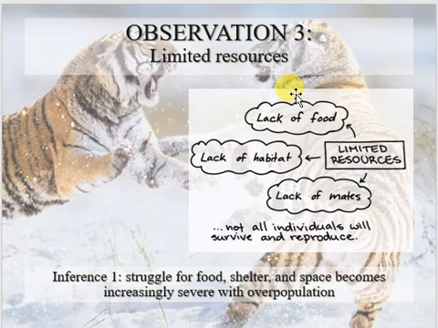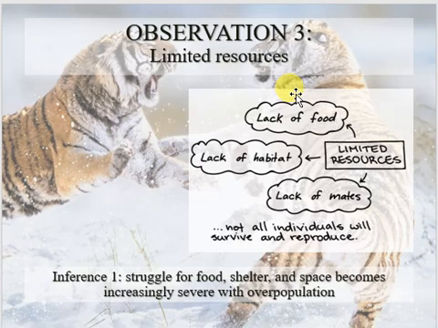And because these resources are finite, limited in availability and in size, not all individuals will survive and reproduce. Again, you have species going into overpopulation, creating a lot more offspring than necessary, but there are only so many resources available to suit some number of individuals.